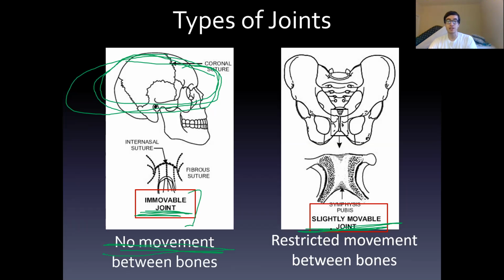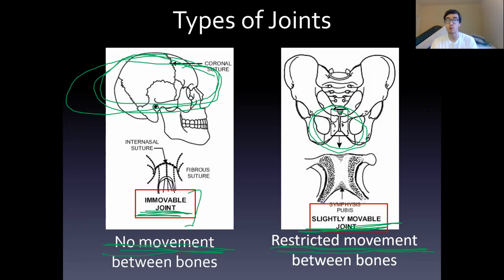Our next joint, the slightly movable joint, has a tiny bit of movement between the bones. We find this in our hip bone, at the base of our hip here. This is what allows us to stretch that hip bone when we're walking or moving.